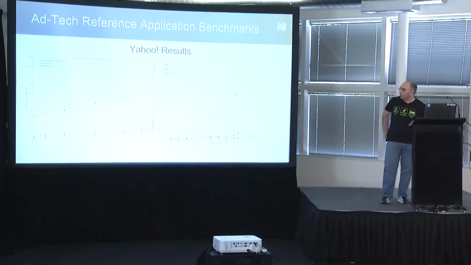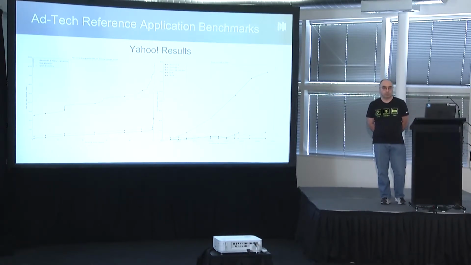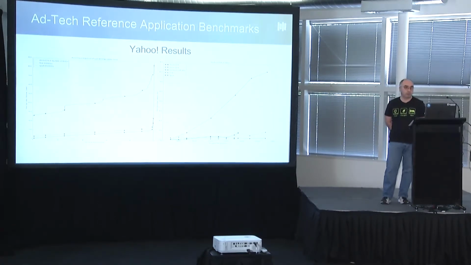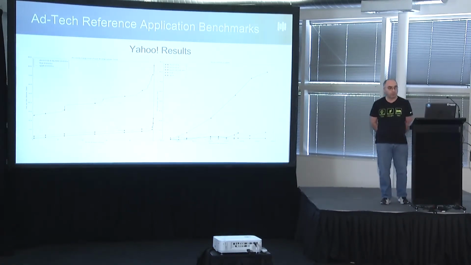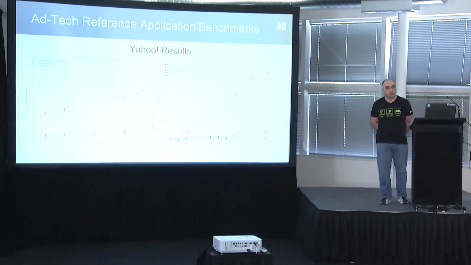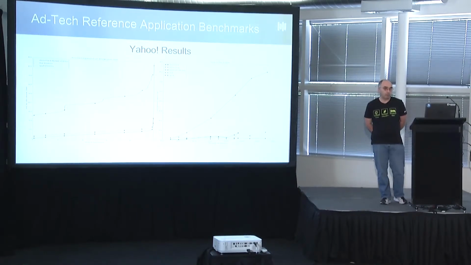So as you can see, Spark Streaming can handle a load, but from a latency point of view, this is what you would expect from a micro-batch system. For the load that Yahoo used, Flink and Storm were able to handle the workload with good latency.